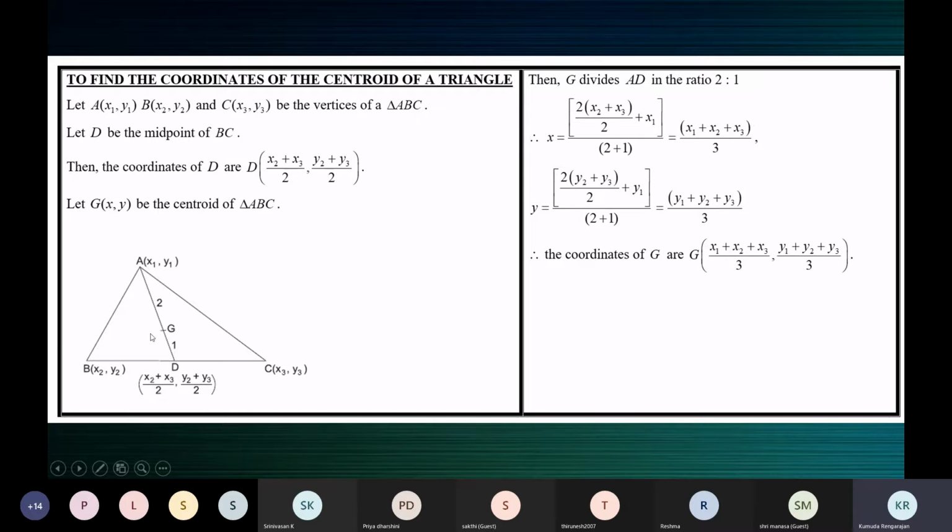Section formula will directly give you the x coordinate of G and y coordinate of G. So how do we use the formula? To find the x coordinate of G, you should use only the x coordinates of A and D. To find the y coordinate of G, you must use the y coordinates of A and D.